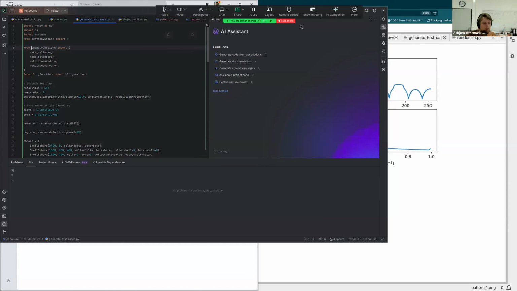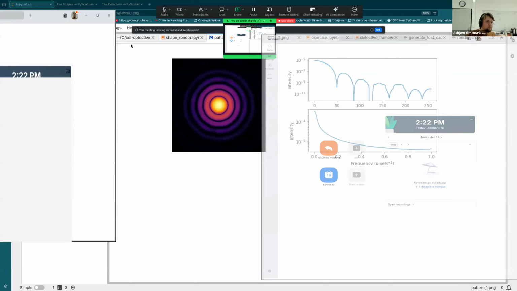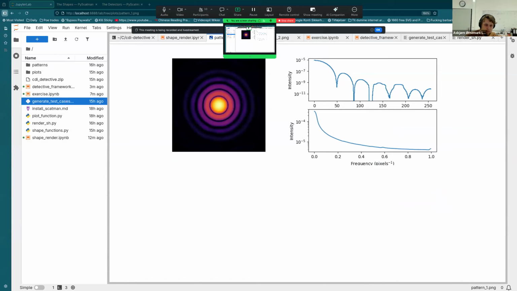I don't know why it refused to be moved. Okay, yes. The number one here is a soft shell.